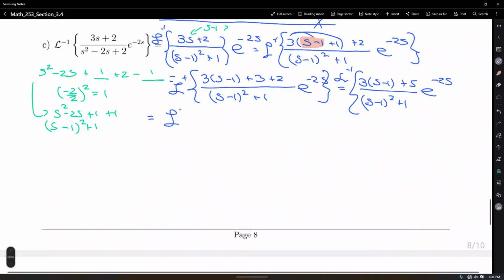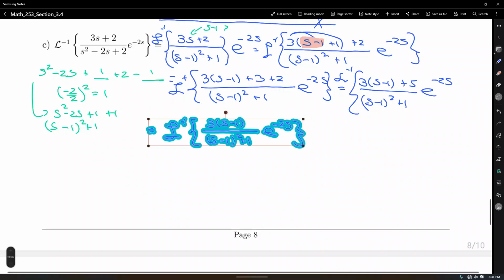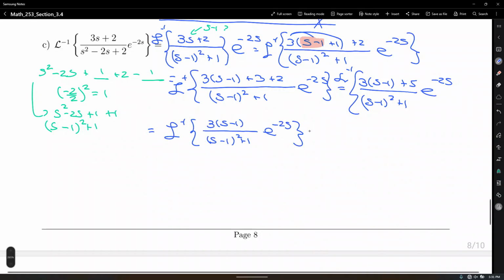Inverse transform of, on the one hand, 3 times s minus 1 over s minus 1 squared plus 1, e to the negative 2s. And then I'm going to take the 5 outside of the factor. Let me make more room so it doesn't look blended here.